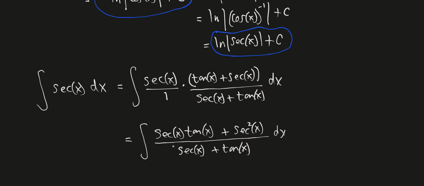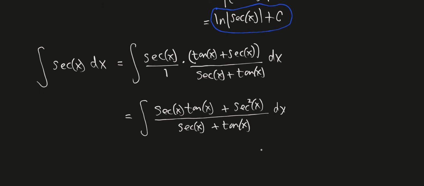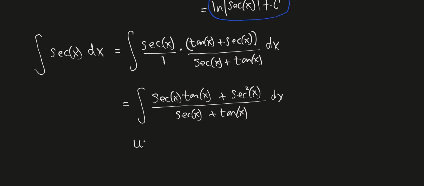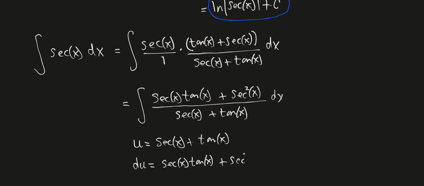Well, if I use the denominator, that same old trick, using the denominator as my u, this is what I will get. So if we let u equals secant x plus tangent x, my du is going to be, well, the derivative of secant is secant x times tangent x plus the derivative of tangent is secant squared, and all of that times dx.